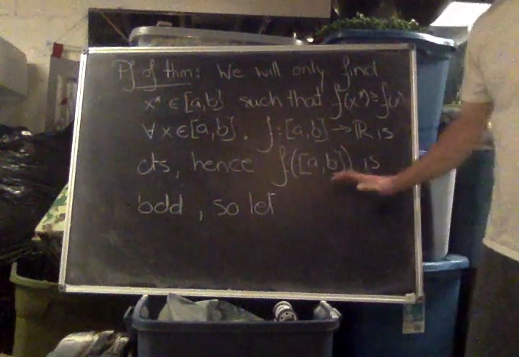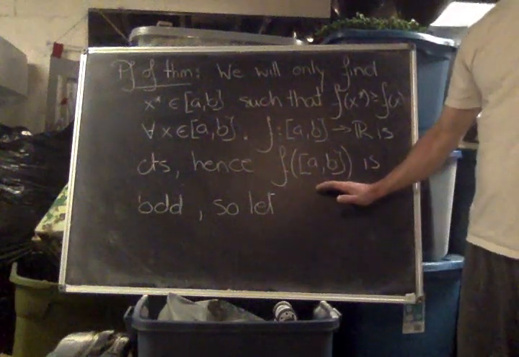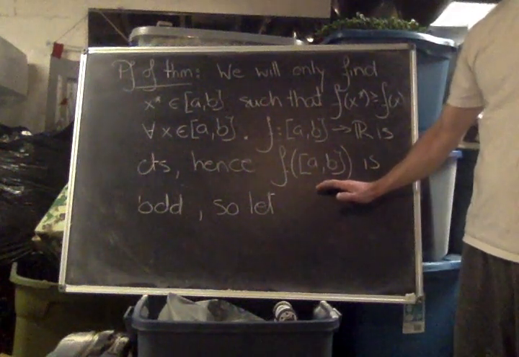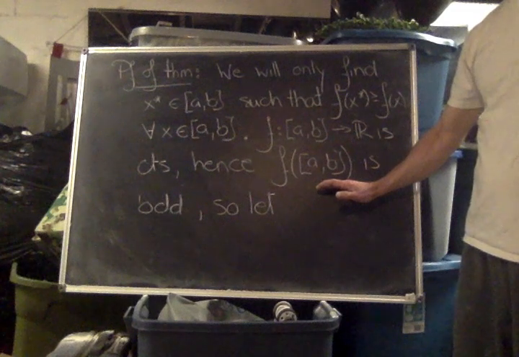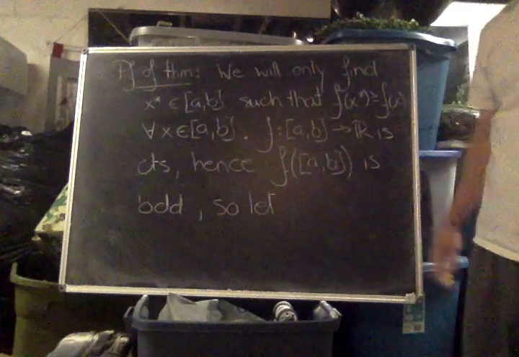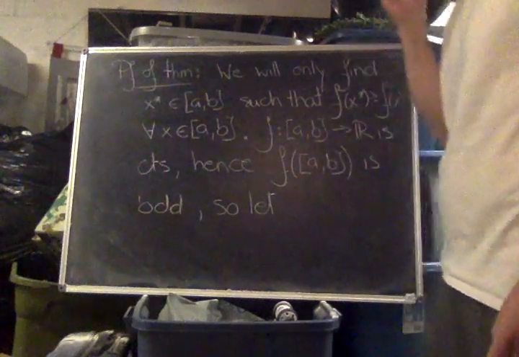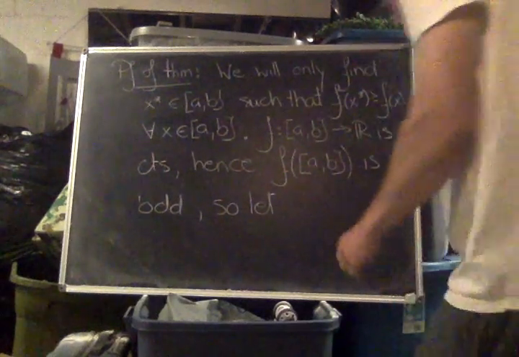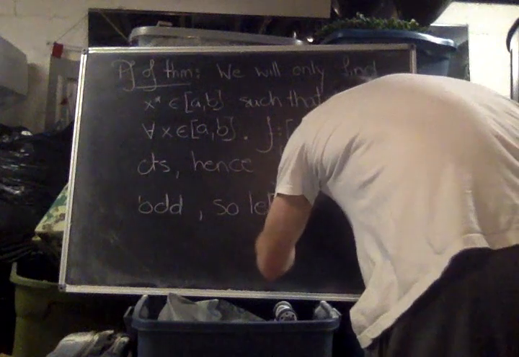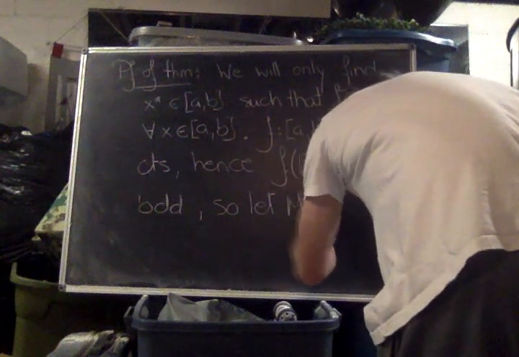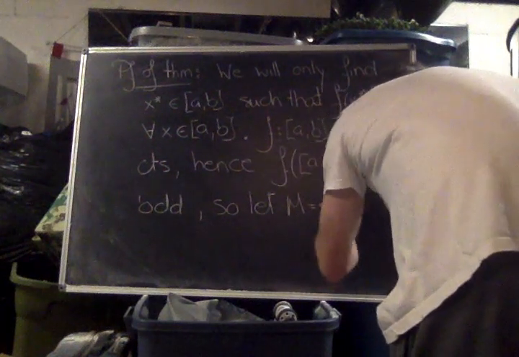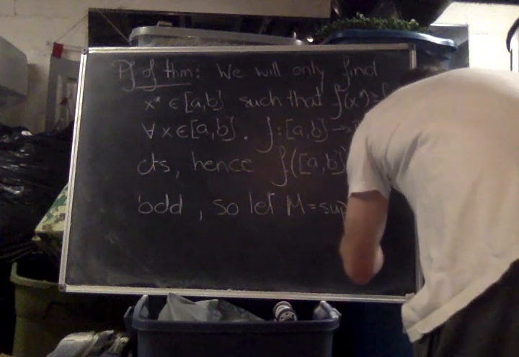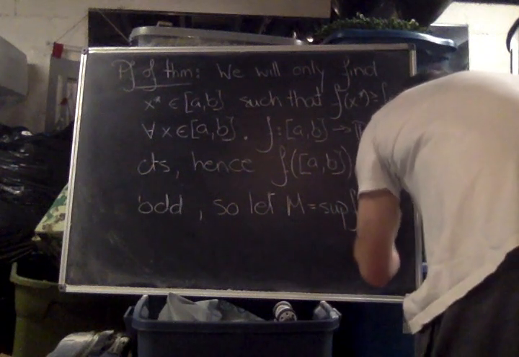So, this is a bounded set, right? And it's also not empty. And any bounded non-empty set has both a supremum and an infimum, but for now we'll be interested in the supremum. So we will let, say, capital M be equal to the sup of the set F applied to AB.